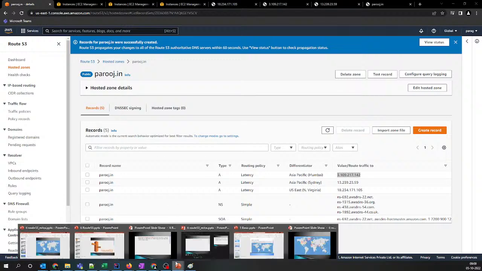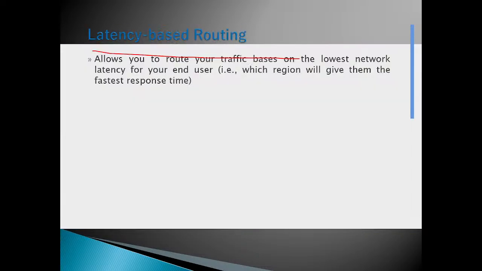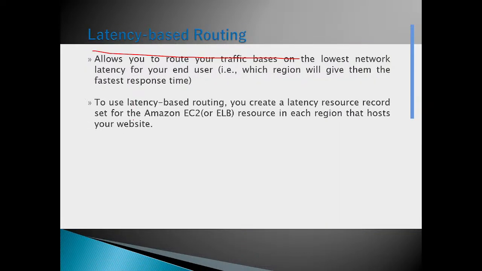Okay, so let's go to the next part. To use latency based routing, you can create a latency resource record for the Amazon EC2 resource in each region that hosts the website.